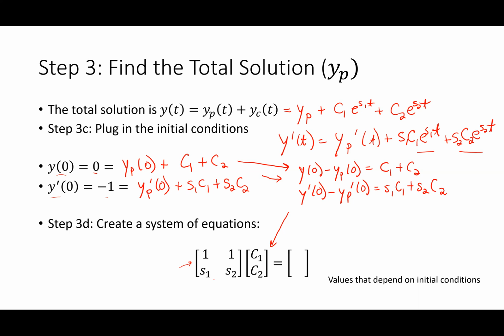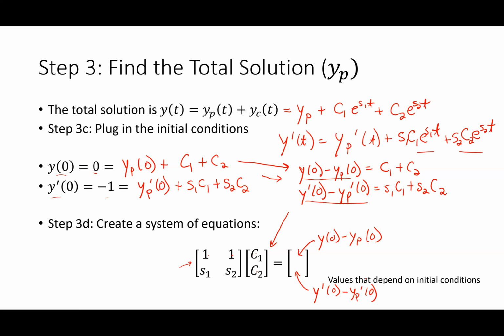We've talked about how to do that. If you don't remember how, you should go back through some of the earlier videos. It's 1 times c1 plus 1 times c2 equals this entry, which would be y of 0 minus yp of 0. And this would be the bottom equation: s1 times c1 plus s2 times c2 equals y prime of 0 minus yp prime of 0, like so.